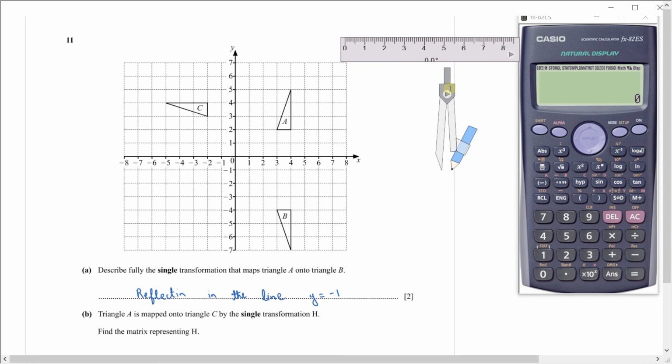So how do you do that? You connect the object. So this vertex is mapped onto this vertex. So if I connect them through a straight line, let me actually draw a straight line between them. So then I need to draw a line bisector for this line.